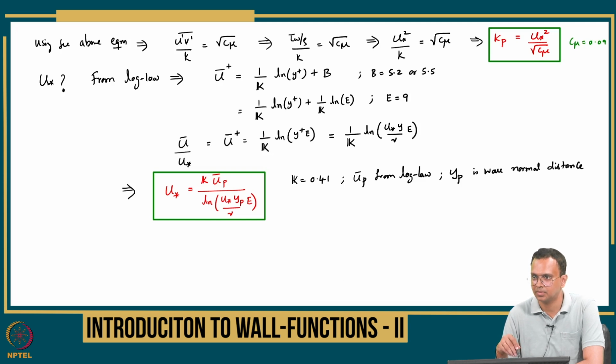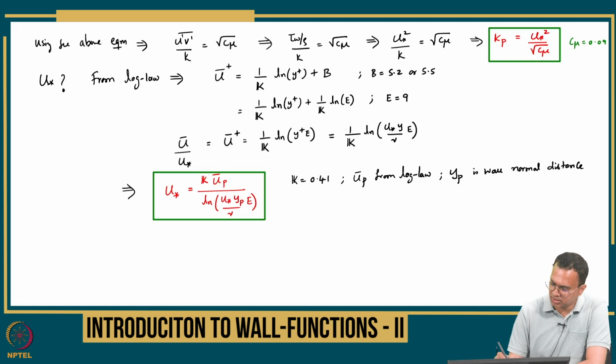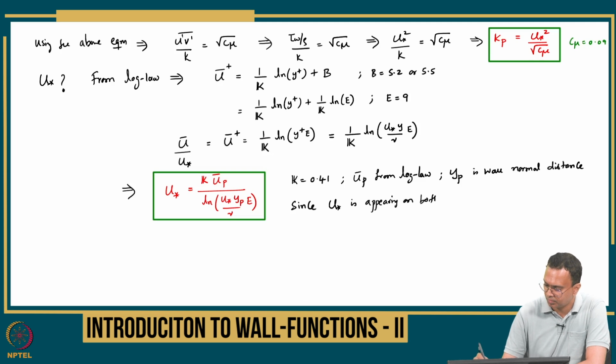What is it? U star. Yeah, U star is depending on U star itself. So how do you do this? You have to iterate, right? So you must iterate, since U star is depending on itself, or appearing on both sides, on both LHS and RHS.